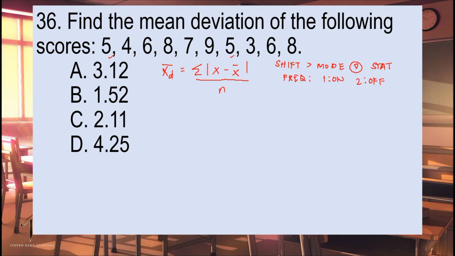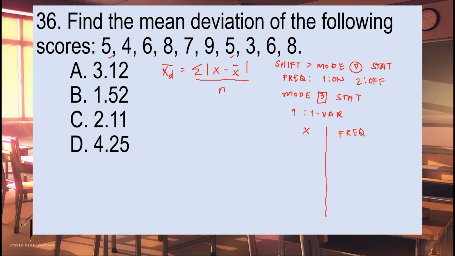Okay, then syempre piliin nyo yung on, tapos punta kay mode stat, mode 3. So yun, mode 3, the stat mode, and then choose the one variable. So, yung lalabas dyan is dalawa na yung column. Okay? Yung x, and then sa tabi niya is yung meron ng frequency.